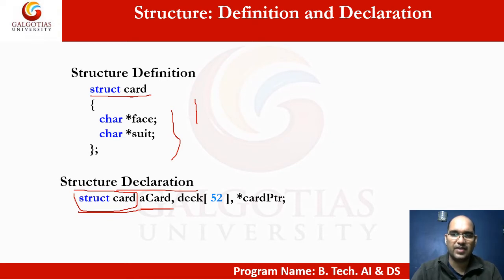The same thing will happen with the deck. Deck is an array of structures, so we have declared 52; space for 52 such structures will be reserved, right? And this is the card PTR. Card PTR is a pointer which can hold the address of struct card type.